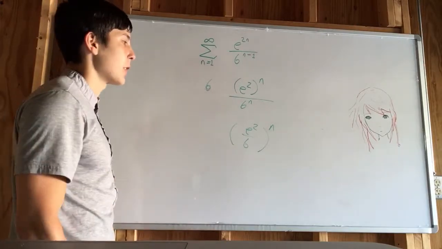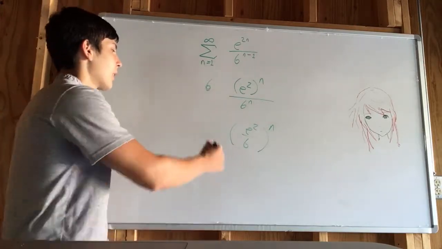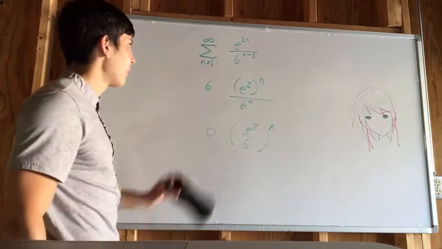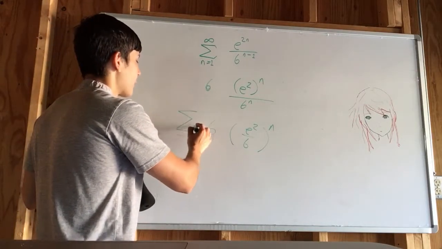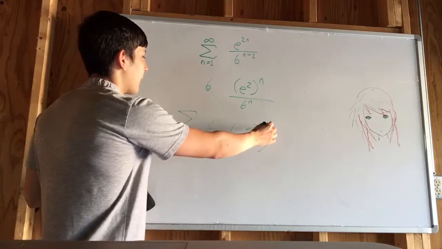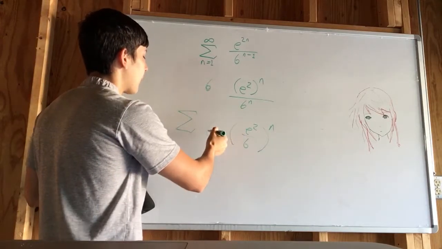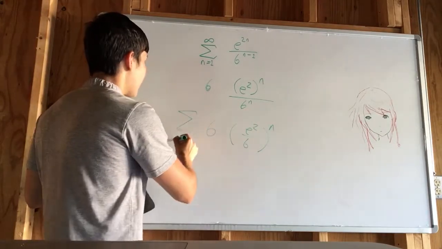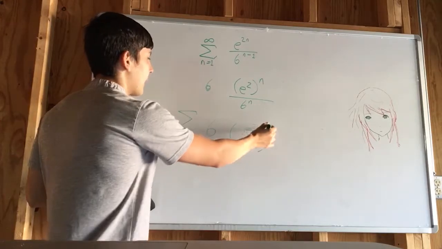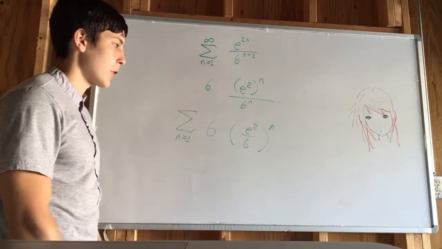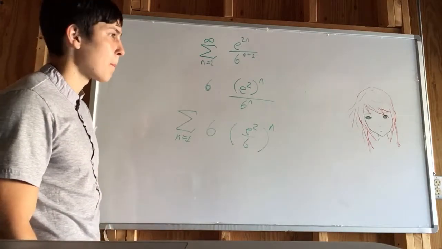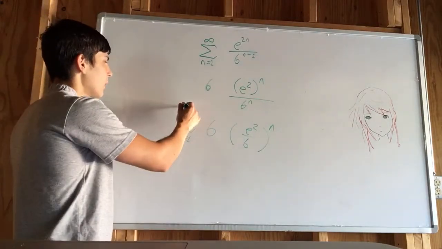This is our common ratio. This is what we're taking to some exponent, and this right here is our first term. Well, it wouldn't be our first term in this case because we're plugging in 1, and this is not n minus 1. Our first term would be e squared.